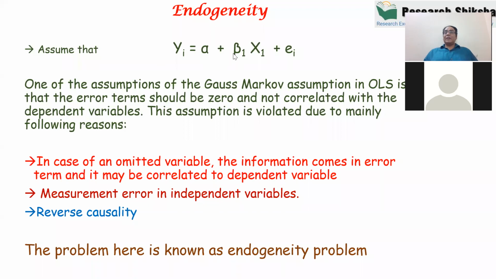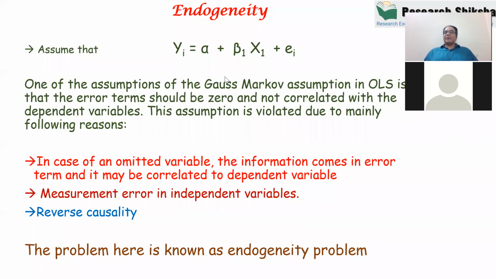Reverse causality means y is influencing x, x is influencing y, y is influencing x, x is influencing y. Like FDI is having impact on GDP, and because of the increasing GDP, FDI also comes next year.